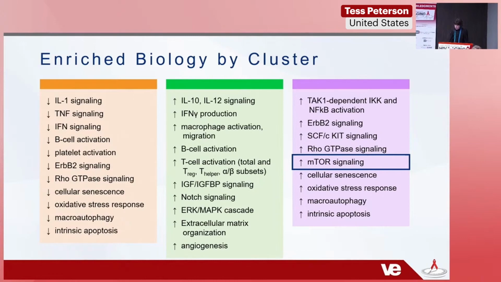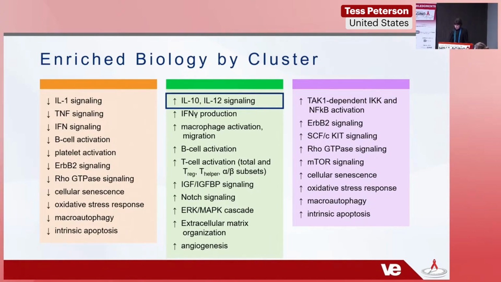environmental cues. In this green cluster, kind of higher cardiovascular risk, we see more of an immune activation signature, with higher levels of proteins involved in IL-10 signaling, which is an anti-inflammatory cytokine, and IL-12 signaling, a cytokine involved in differentiation of T helper cells and cytotoxic activity of CD8 cells and natural killer cells.